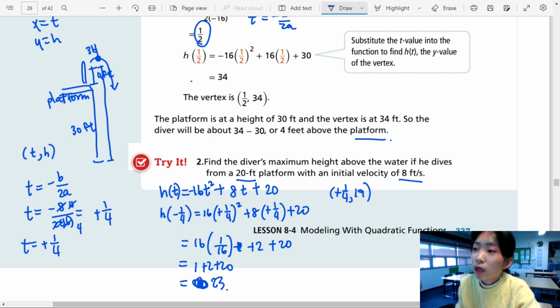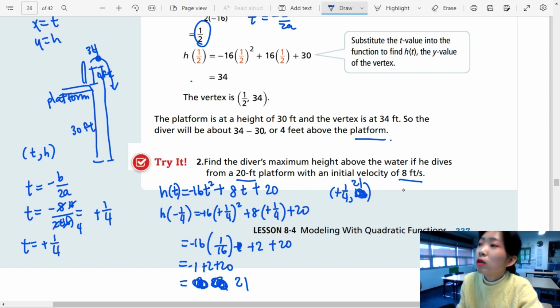Yeah, so sorry, because a is negative, that makes it different. So it's actually 20 plus 2 minus 1. So it's 21. Yeah, this is correct.